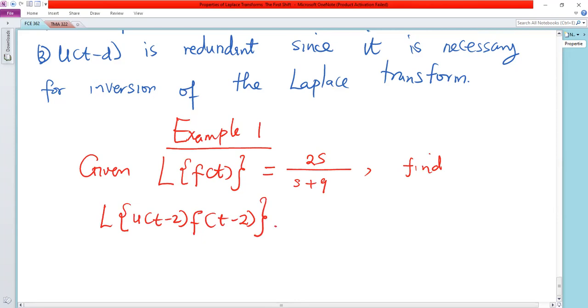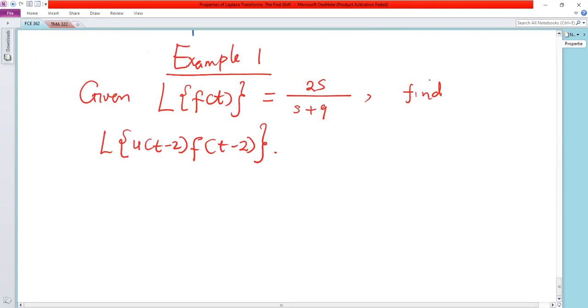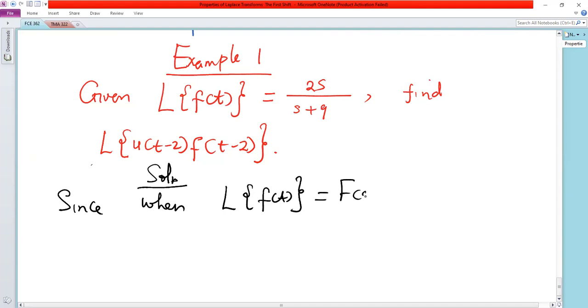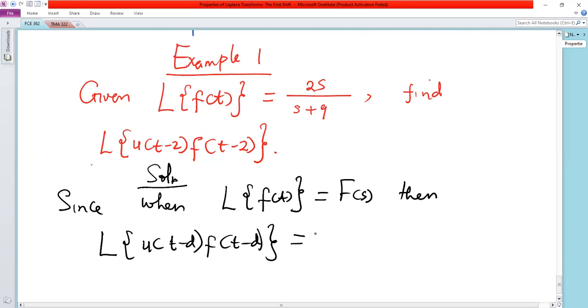Now, we see this directly from the definition of the second shift property, that when the Laplace transform of f of t equals capital F of s, then the Laplace transform of u of t minus d times f of t minus d is given by e raised to the power minus sd times capital F of s, for d positive.